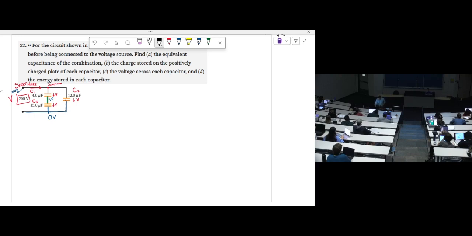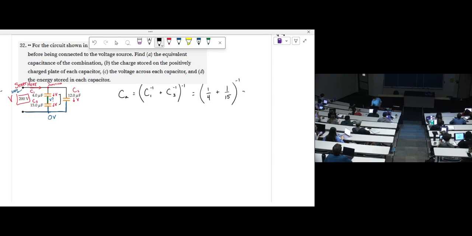So before I can consider that this branch right here is in parallel to the right branch, I have to add these two in series to one another. So what I'm going to say is C sub A is going to be the inverse of C1 inverse plus C3 inverse, that's the inverse of 1 over 4 plus 1 over 15.